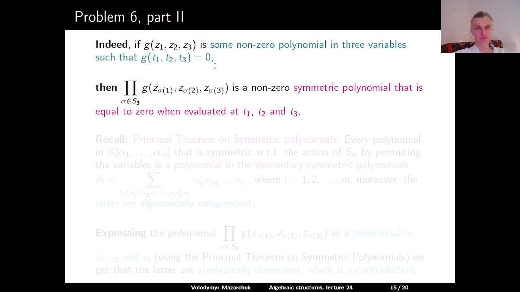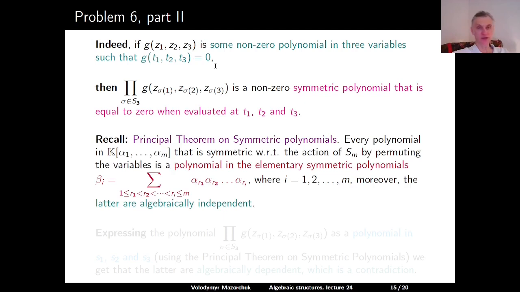Now let us recall the principal theorem on symmetric polynomials. If we have the algebra of all polynomials in m variables over some field K, then the symmetric group S_m acts on it by permuting the variables.